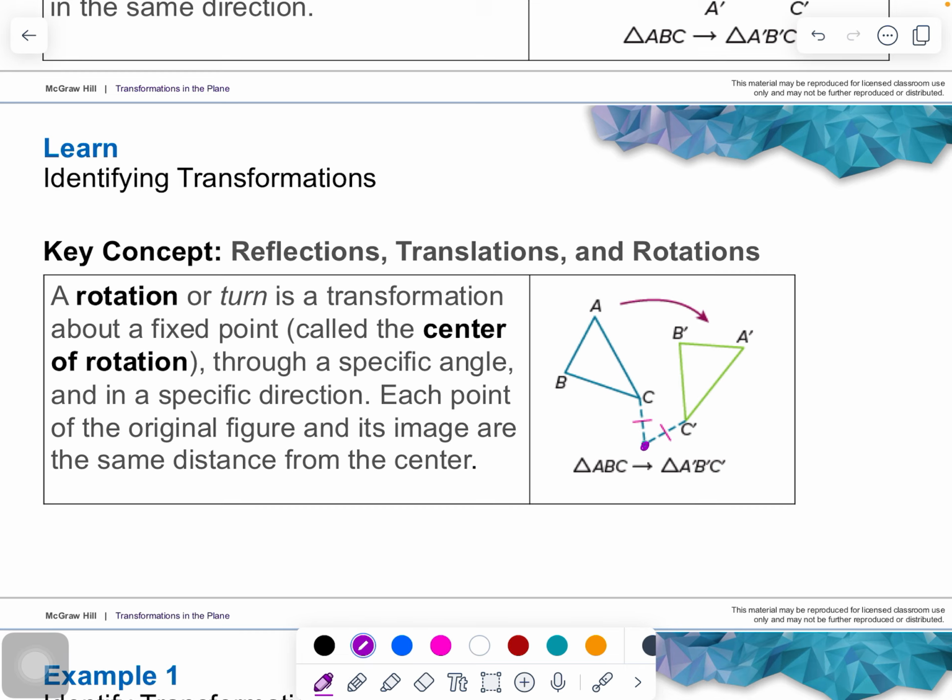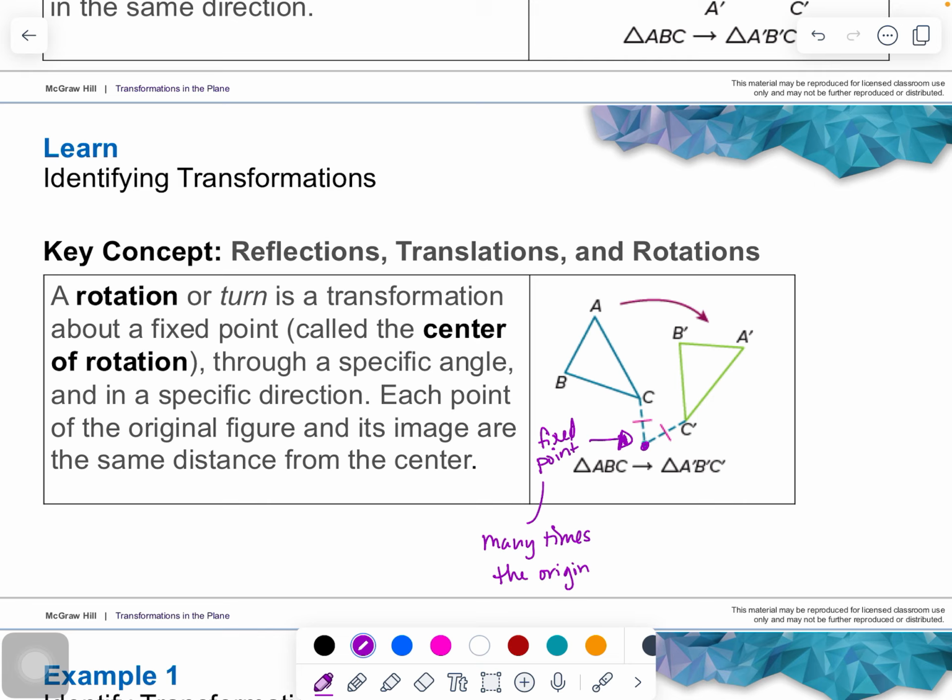See that fixed point right there? Many times the origin. Called the center of rotation, through a specific angle and in a specific direction.